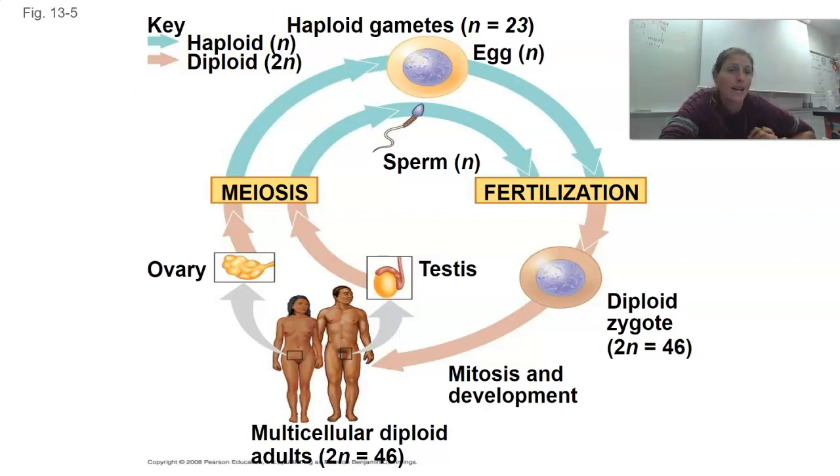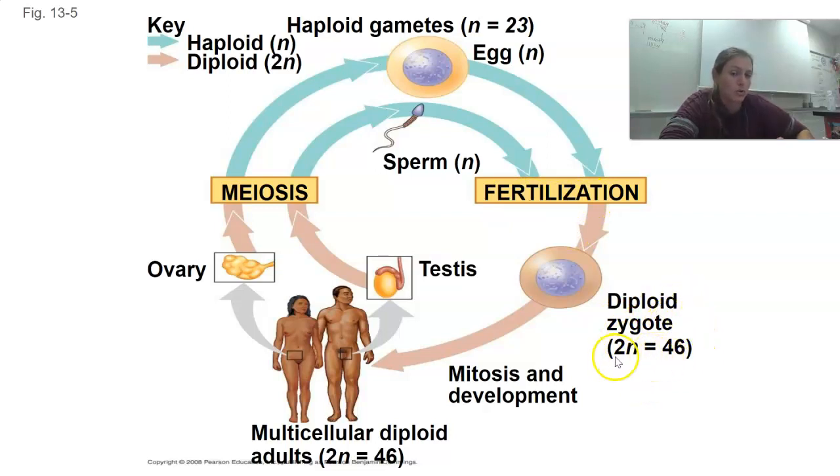We call that haploid, in which you have 1 of every chromosome, which is 1N, versus diploid, which is what every other cell in your body is, where it's 2 of every chromosome. That's called a somatic cell if it's your body cell, and it has 46. So in meiosis, a female goes through meiosis and creates a haploid cell, an egg. A male goes through meiosis and creates a haploid cell, a sperm. When those 2 get together, they fertilize to create a zygote, which is diploid.